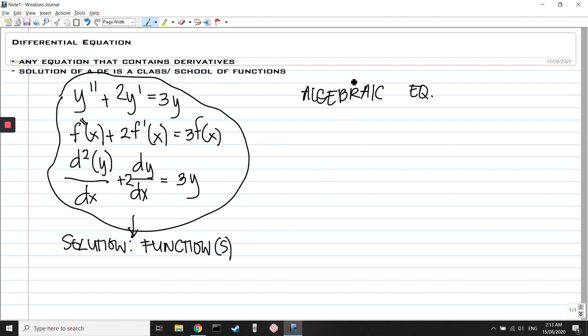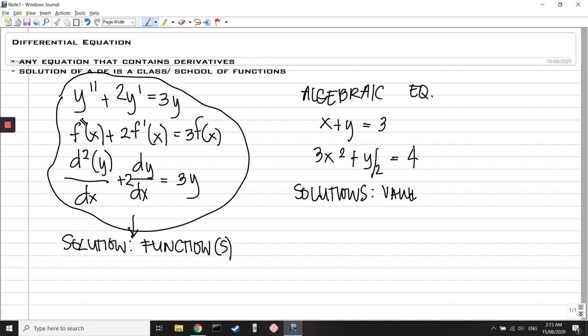But an algebraic equation, such as x plus y is equal to 3, or 3x squared plus y over 2 is equal to 4, has solutions of any values, either constants or variables.